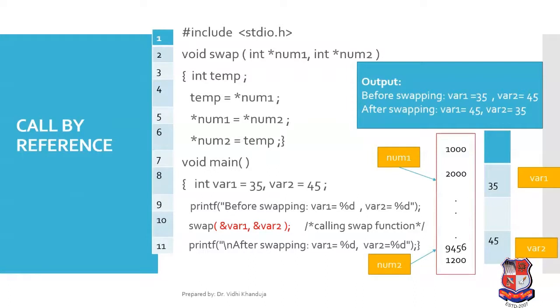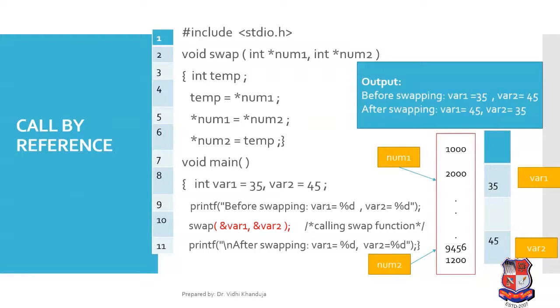This location is for the variable var1. That means now I am changing variable 1 through the use of pointers. Clear? And similarly, the num2 location is assigned the value of temp. So here it will be 45, here it will be 35.